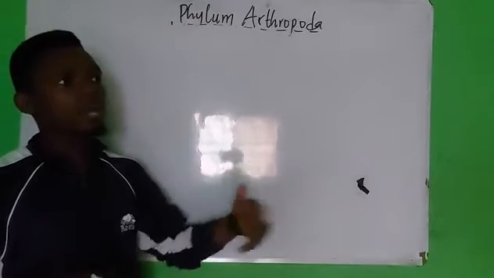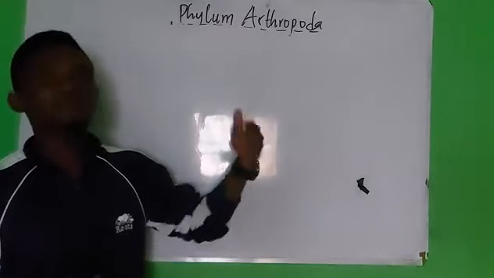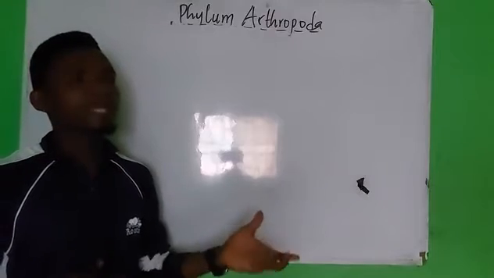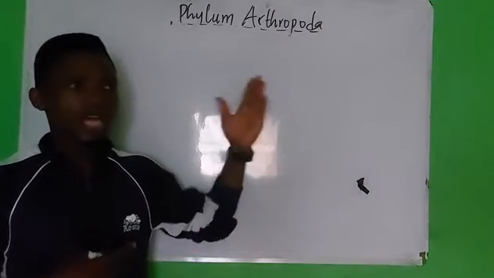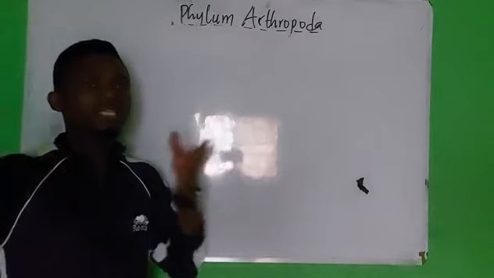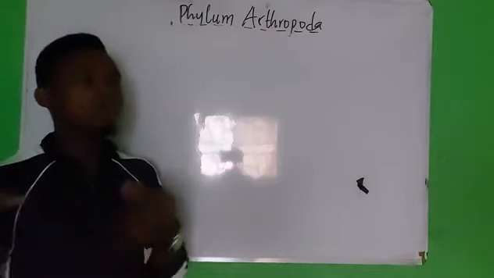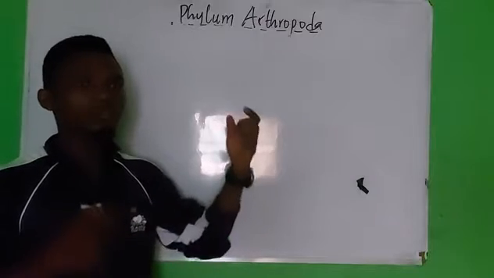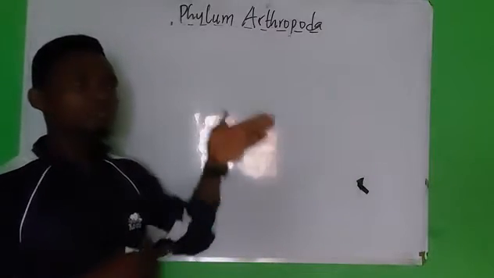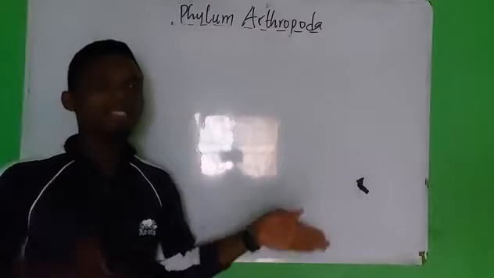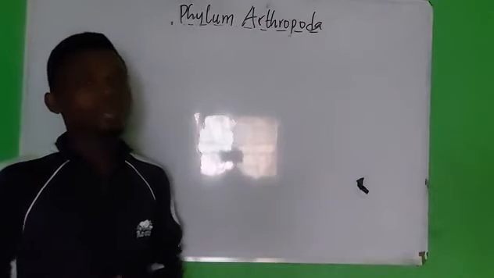Under Kingdom Plantae, that is where you have the Thallophyta and the Spermatophyta. Spermatophyta is now divided into 2, Angiospermophyta and Gymnospermophyta. Under the division Angiospermophyta, we now have the monocotyledonous plants and the dicotyledonous plants.